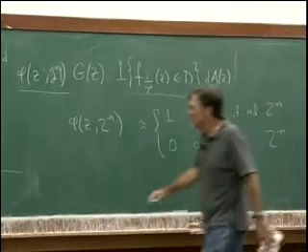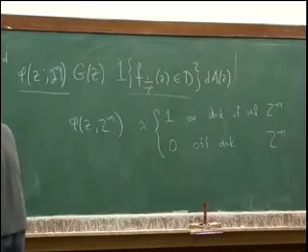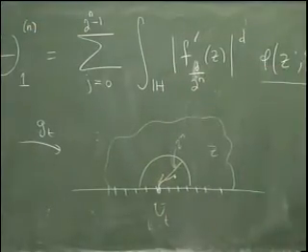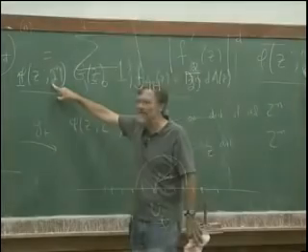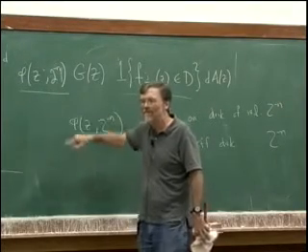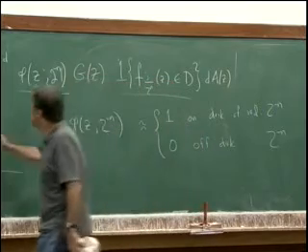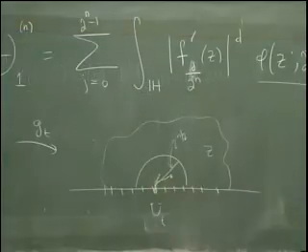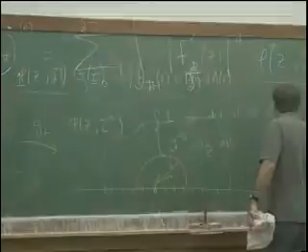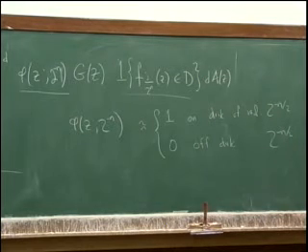So if this is the disk of radius 2 to the minus n, let's think of this as being 1 on that disk and 0 off of it. It'd be 2 to the minus n over 2. Sorry, I meant 2 to the n over 2. Thank you.